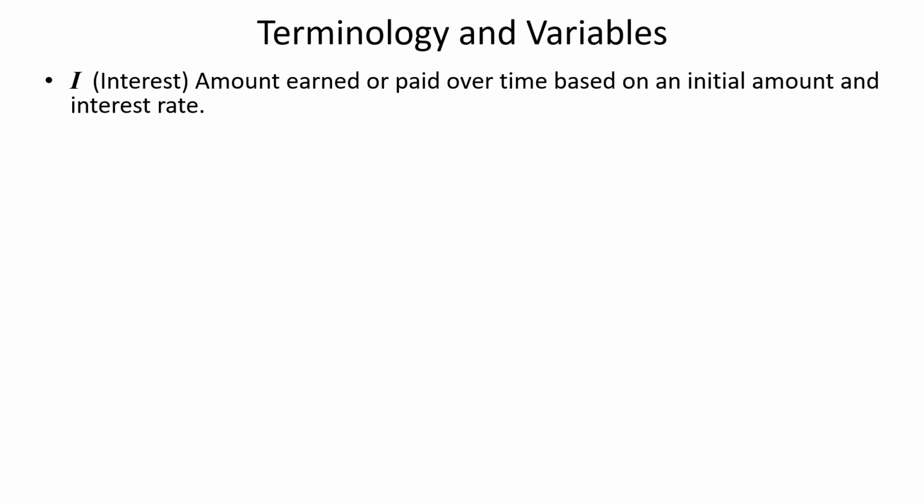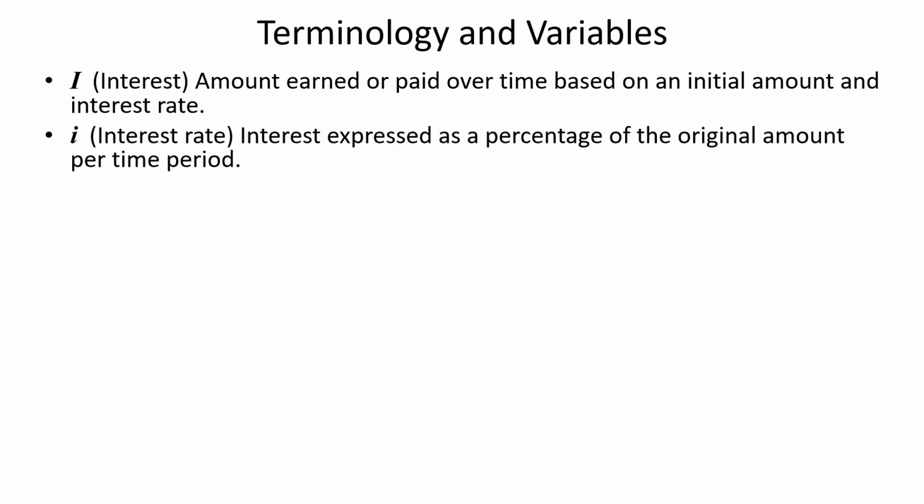Interest is the amount that's paid or earned over time based on the initial amount and interest rate. So it's a quantity of dollars, whereas the interest rate is expressed as a percentage. So just in general, i with no modifiers on it just means interest rate.